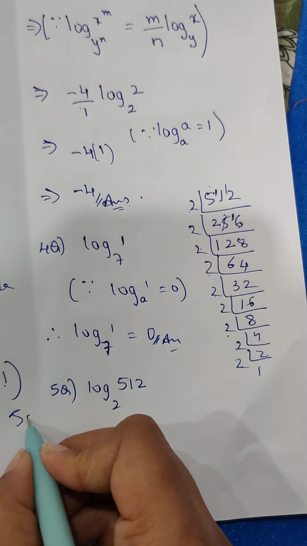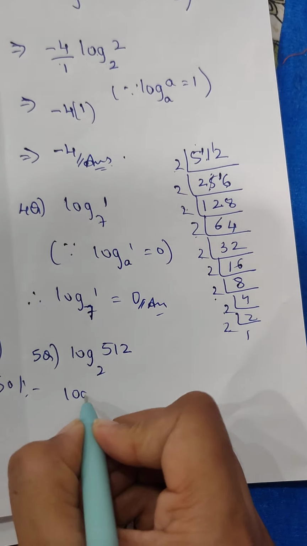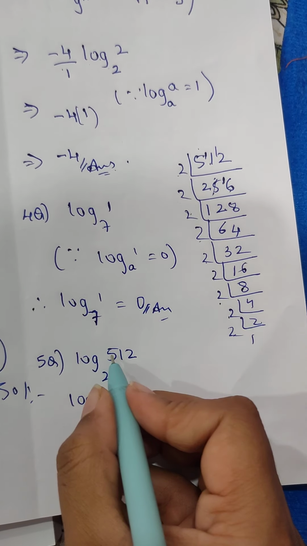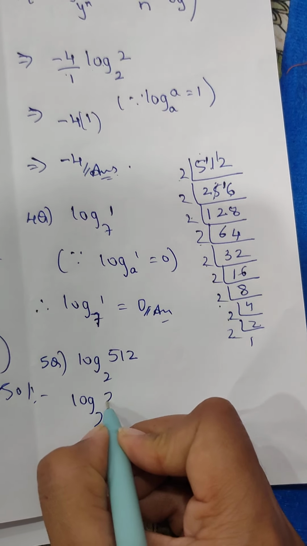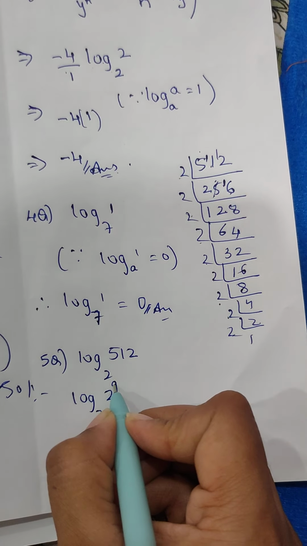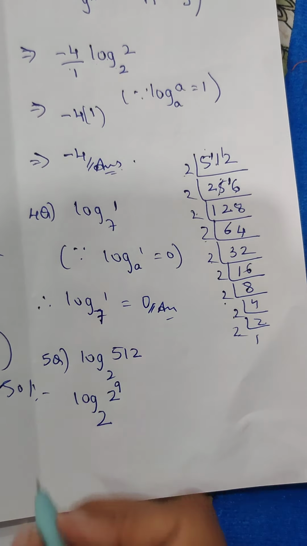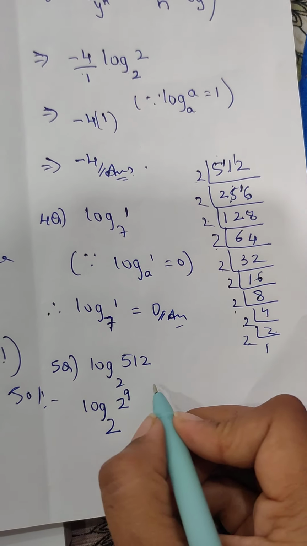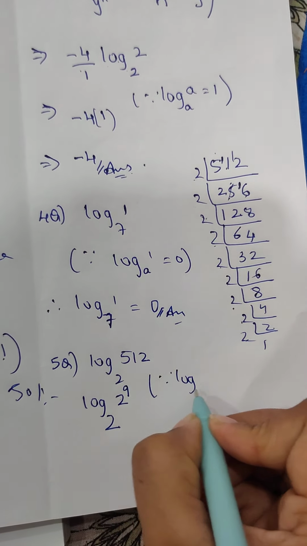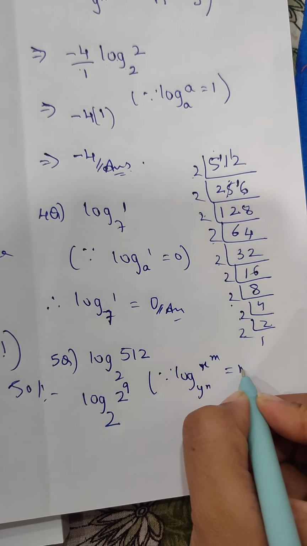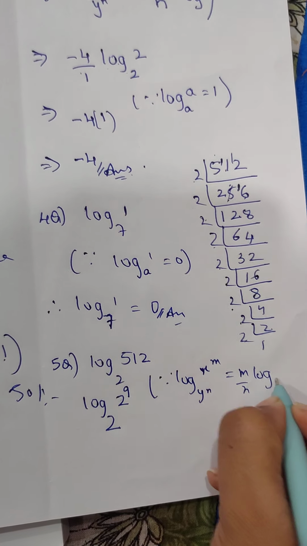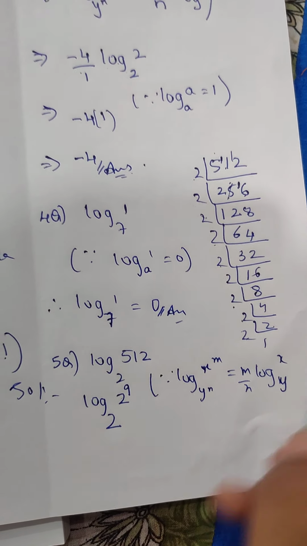That means we'll start the solution. Log base 2, and instead of 512 we express it as an exponent and power: 2 power 9, since 2 nine times is 512. Now by using the same previous formula, log y power n, x power m is equal to m by n log of x, with the base value and x value.